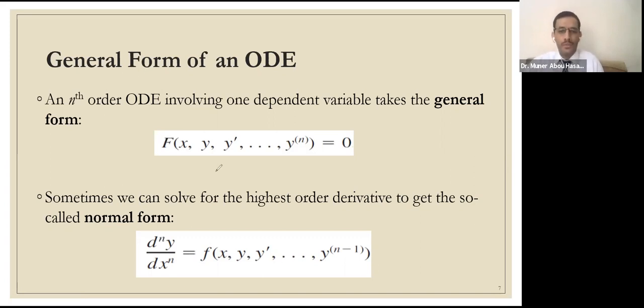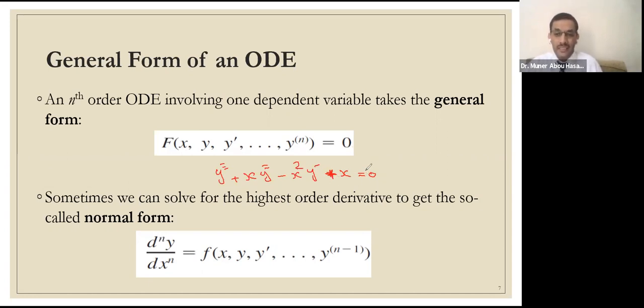Maybe y triple prime plus x y double prime minus x squared y prime plus x equal 0. So this is the general form because all my terms are in the left-hand side.